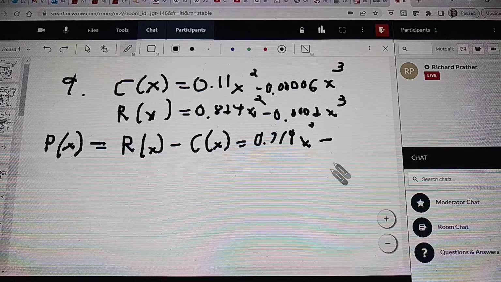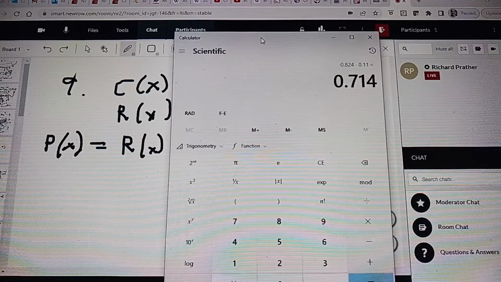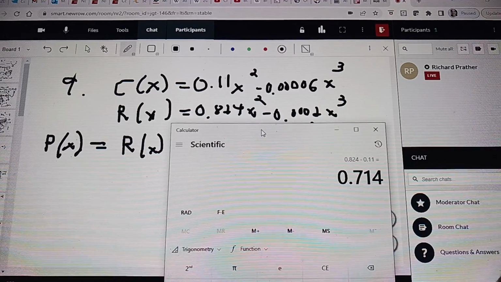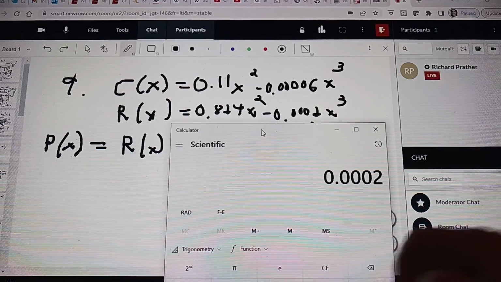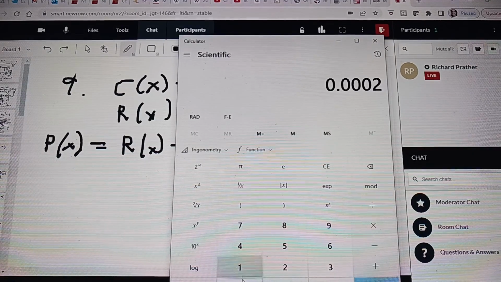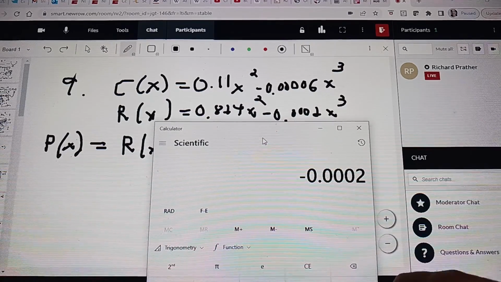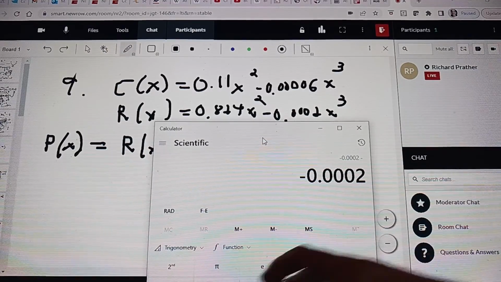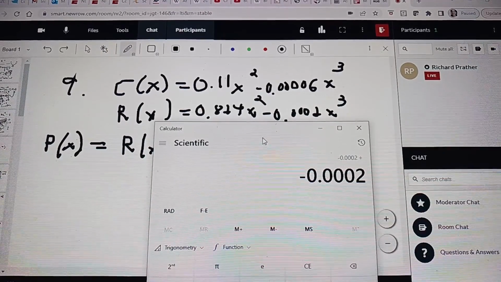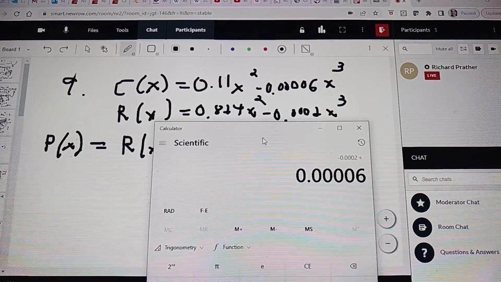And then minus, now do this one minus that one. 0.0002 negative, so negative that minus a negative, so I'll just change it to plus 0.00006.